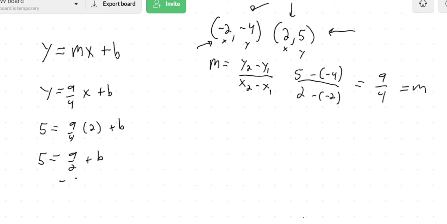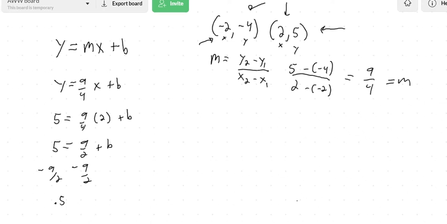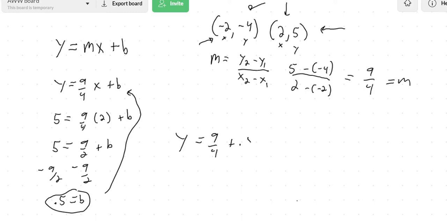And then if I subtract 9 over 2 from both sides, and remember, 9 over 2 is really 4.5, this would be 5 minus 4.5, which would be 0.5 equals b. Right, so when I plug that b back in, my equation would be y equals 9 over 4 x plus 0.5, okay?